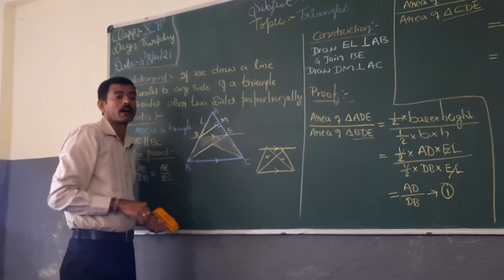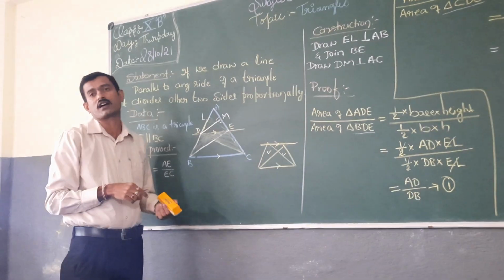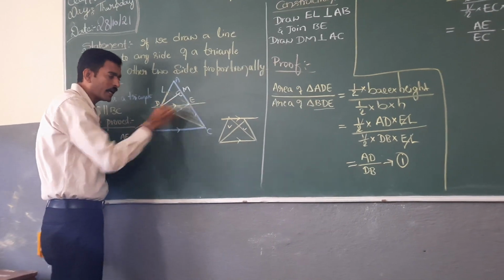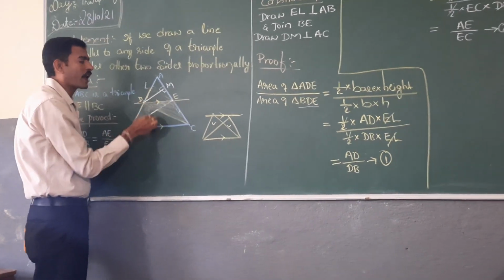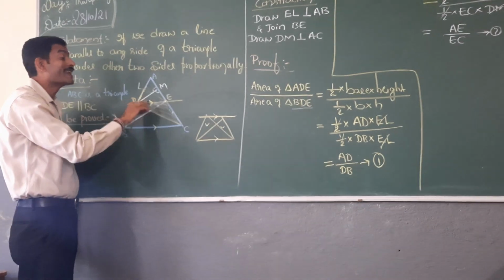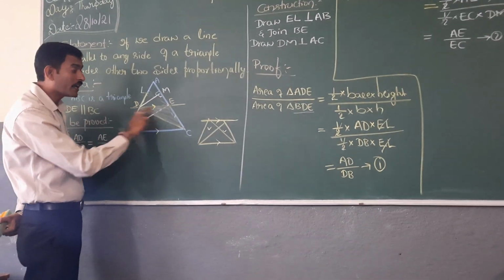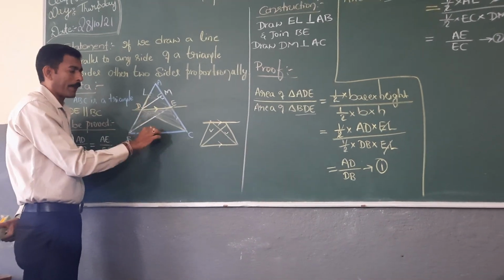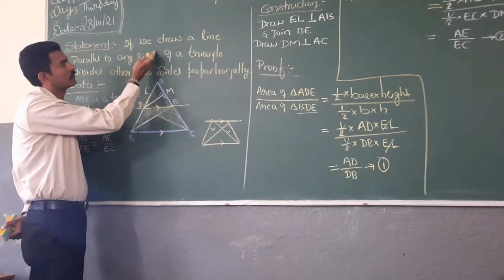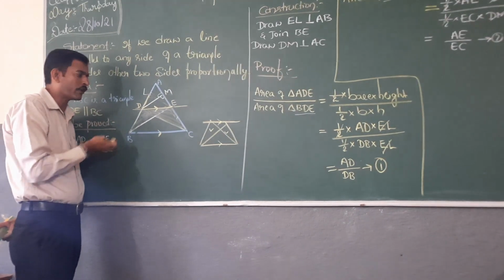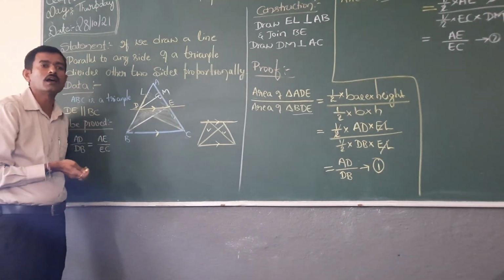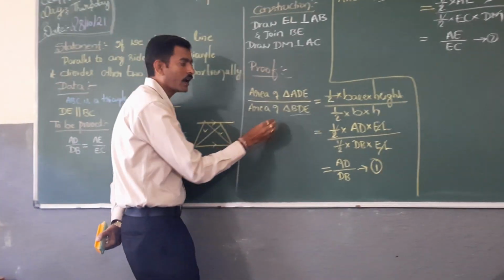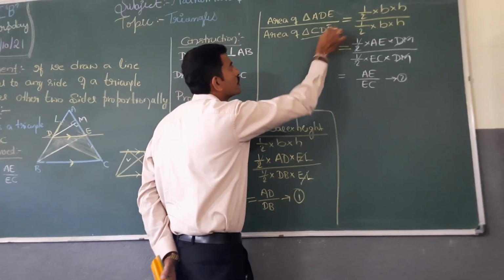It is one of the theorems. Triangle BDE and triangle CDE both have the common base DE. They are standing on DE and also lie between the parallels. Who told they are parallel? The statement itself says DE and BC are parallel. So by using that theorem, I can say BDE equals CDE.